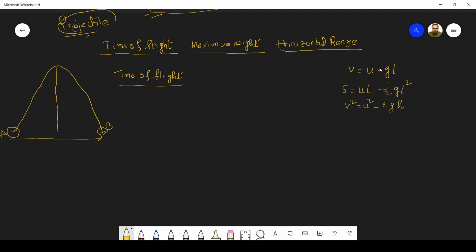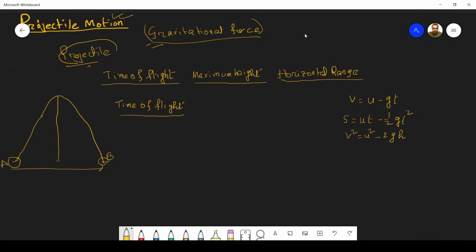So you see that the acceleration term a has been replaced with the gravitational acceleration, the acceleration due to gravity term. We are not considering normal acceleration, but the acceleration due to gravity, because we already defined that only the gravitational force acts on a projectile during the course of its motion.